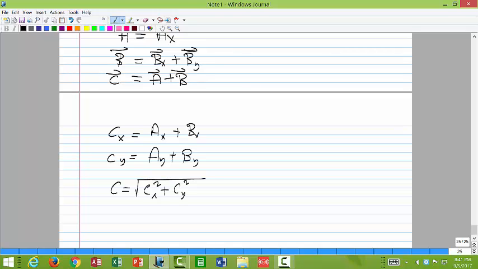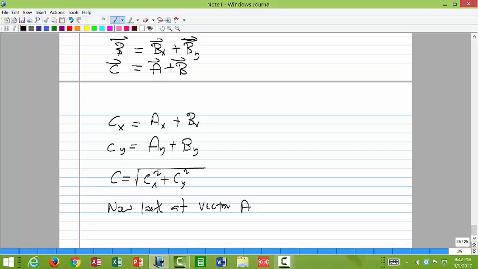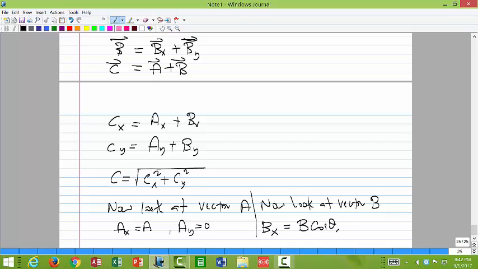Okay. So here, since we know what Cx is, let's look at A. Looking at vector A, Ax is just equal to A, and Ay is equal to 0. So we can say that Bx is equal to B cosine theta, and By is equal to what? B sine theta.